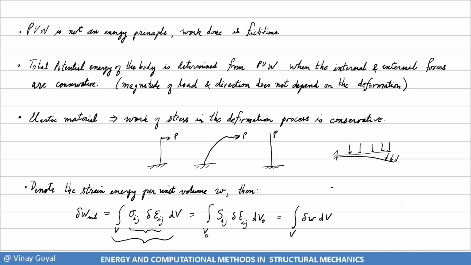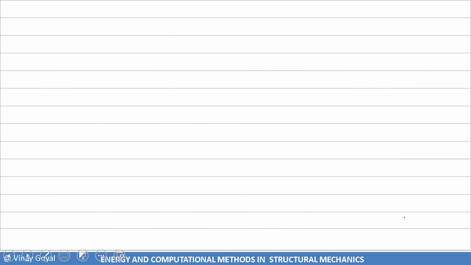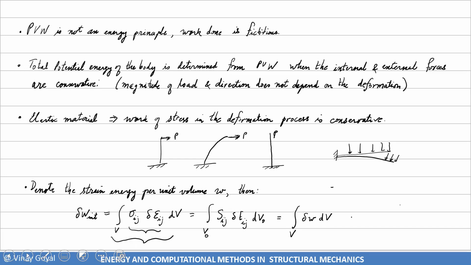Notice that if a function W did not exist, it would be very difficult to relate the left-hand side to this expression. Somehow W has to be an explicit function of epsilon ij for me to go from this expression to this expression.